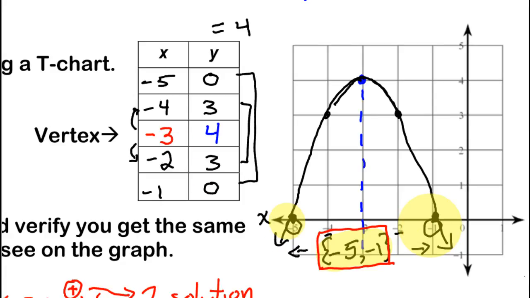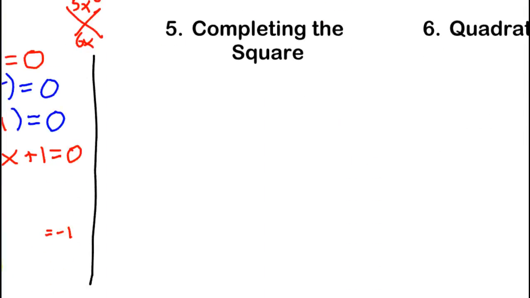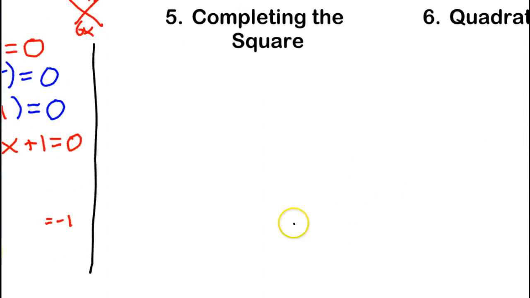Has to agree. -5. So let's go ahead and try another method. Completing the square. What do we get? What should the answer be here? -5, -1. Yeah, same problem, just using another method.